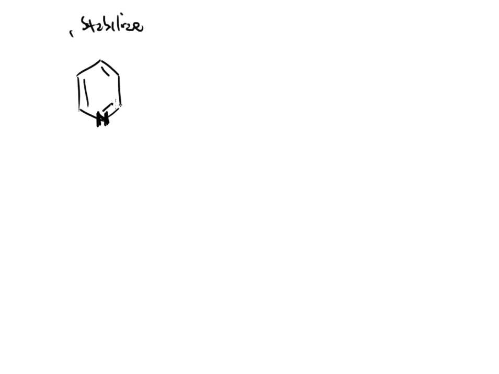Now, that nitrogen has 3 bonds, 1, 2, 3, and we know from Chemistry 251 with formal charges that nitrogen really enjoys 3 bonds. And there they are. And that nitrogen will have 2 sets of electrons on it. How do I know that? Well, if you didn't learn that in Chem 251, or it's been a while, nitrogen has 5 valence electrons.